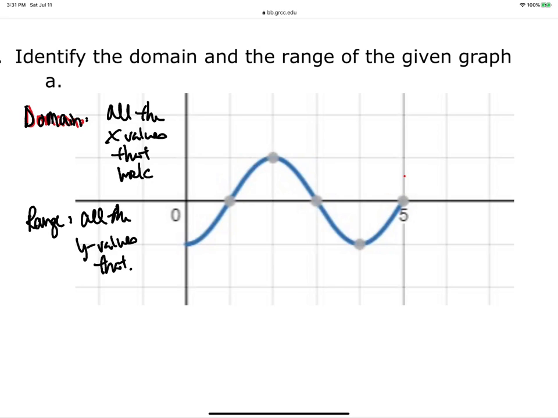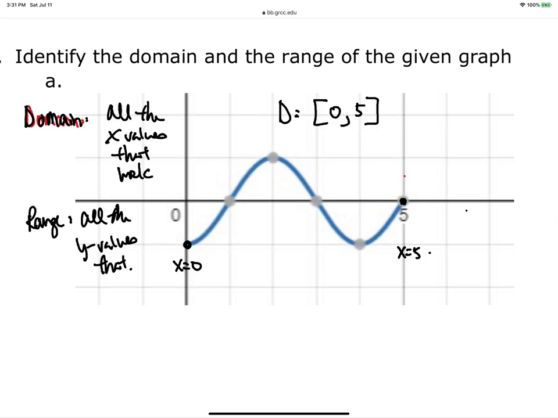So you look at the x. This graph starts at 0, stops at x equals 5. So that means the domain is bracket starting at 0, 5 bracket, ends at 5.